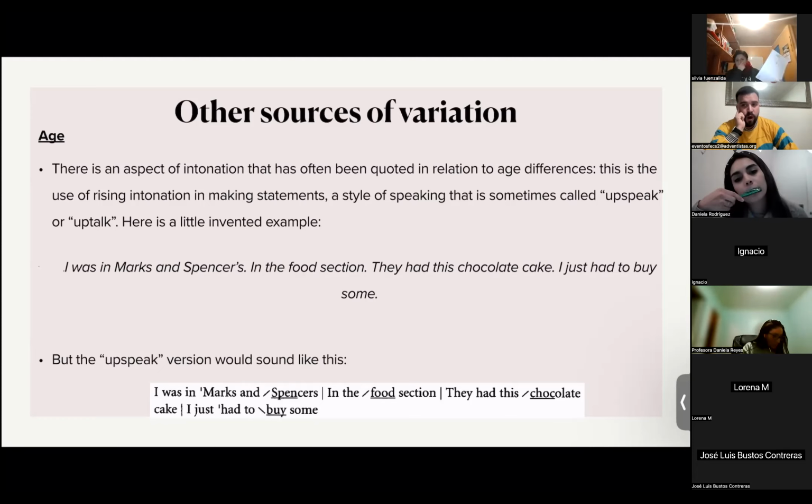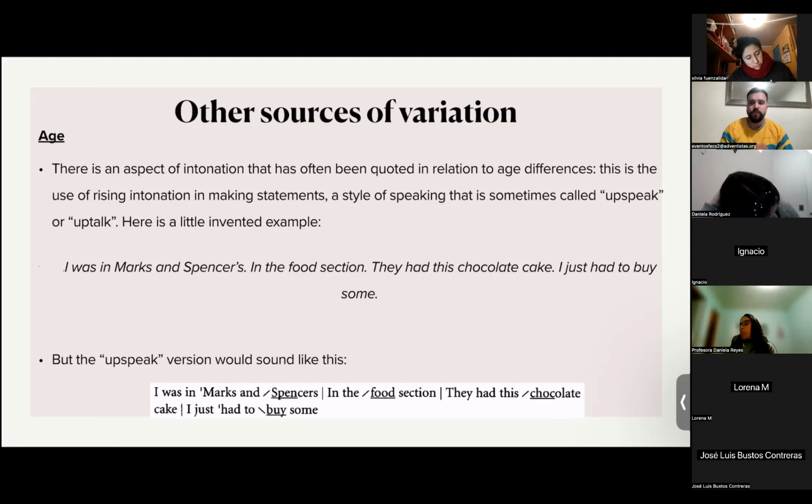You have to choose one, and then you have to make differences between rising tone and falling tones for the tonic syllable, to compare and contrast your sentences. When we talk about upspeak, or we use the falling tones when we talk about older speakers. All right, 5 minutes for that task.